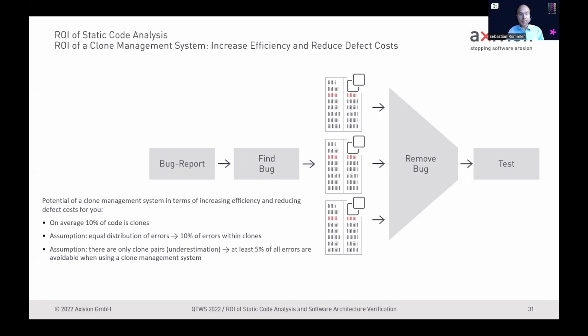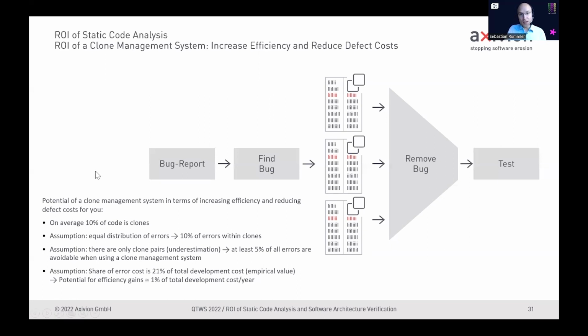But even if it's just pairs, we know that every second of these errors could have been saved with a clone management system, so 5%. And if we now look at the empirical data that around 20% of the total development costs are error costs, then we can just simply calculate that you can roughly save 1% of your total development costs every year just by using a clone management system. And that doesn't cost you anything.